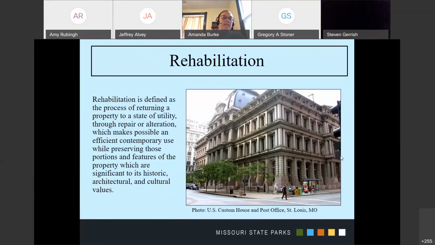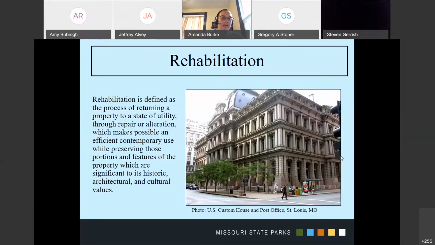So while there's a lot of projects for window replacements, door replacements, things like that, for historic properties in Missouri, we have an unwritten rule to repair front facing or street facing windows and doors, and then replacements that are not in kind.